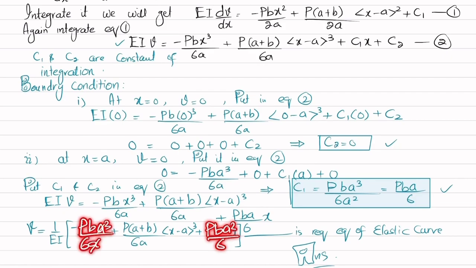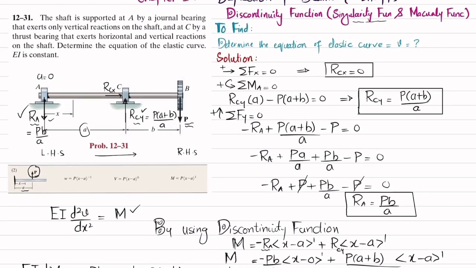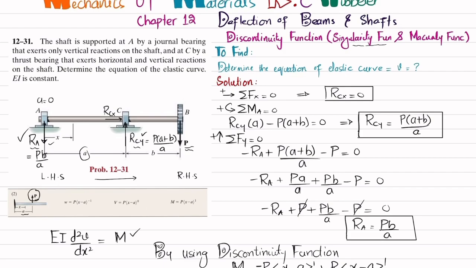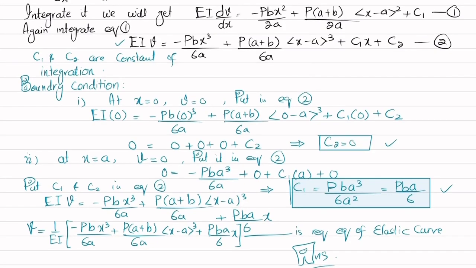So a will cancel with this, so we will be left with minus Pb a square over 6a, and this will cancel with this, so we will have deflection equal to 0. So by using this equation you can find the deflection in the beam. At any point you can find the deflection with the help of this method or this equation.